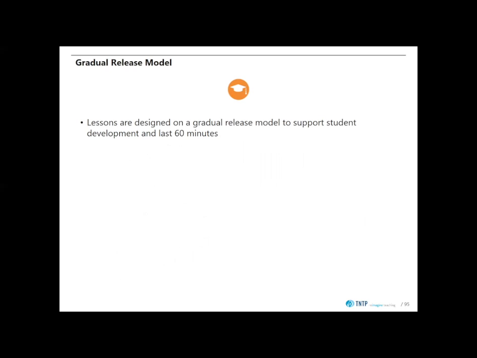All of the lessons are designed in a gradual release model. There's a warm-up, explicit instruction and modeling from the teacher. There's group practice, and then independent practice and application. Core knowledge also provides homework for students so that they can continue to reinforce the skills and perhaps work with families on these skills at home.